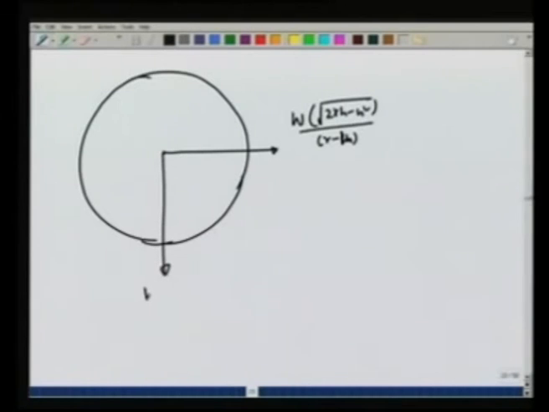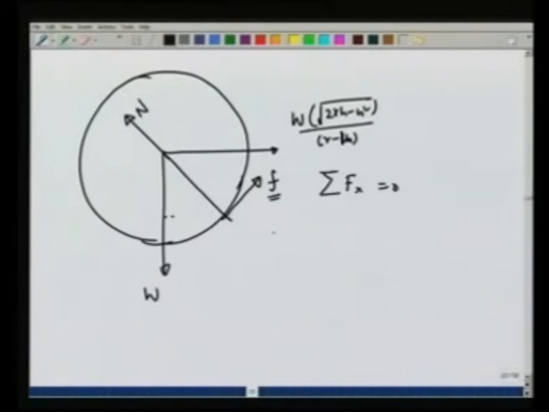This force is W, this force is N, and there is a frictional force f like this. If I take summation of F_x equal to 0, then the horizontal component of the force f, the frictional force, should balance the horizontal forces otherwise applied.